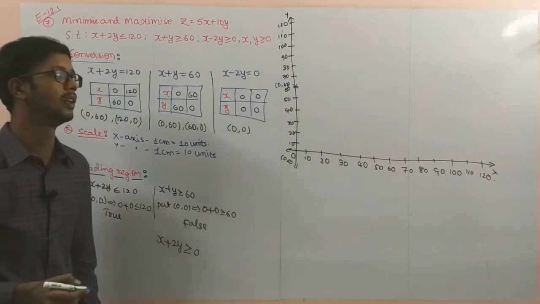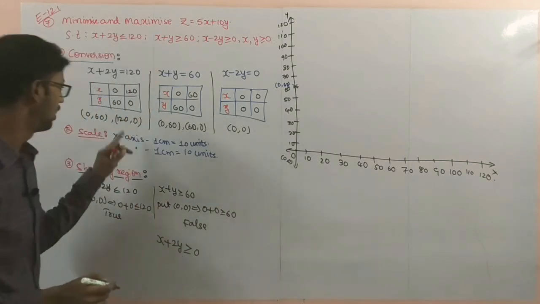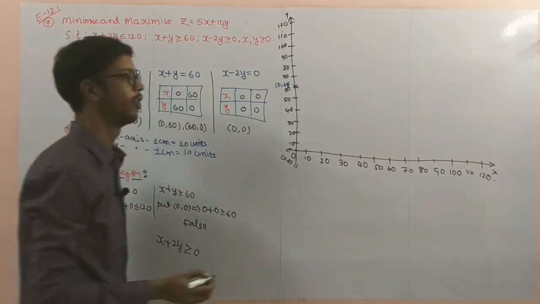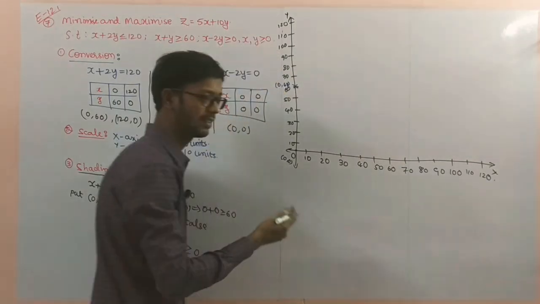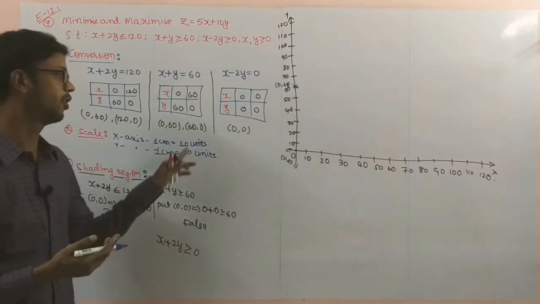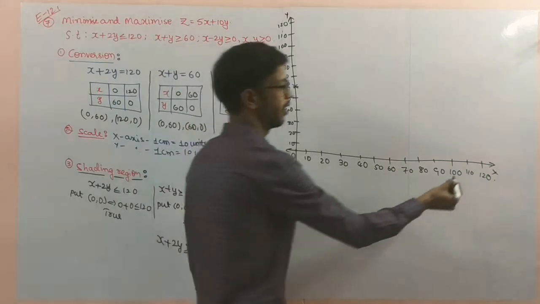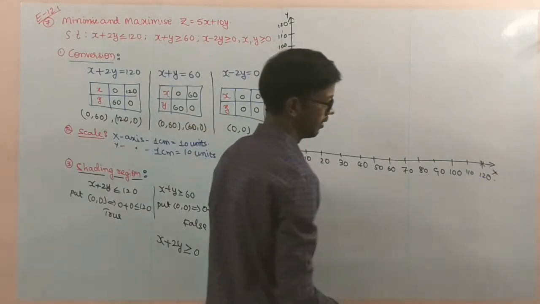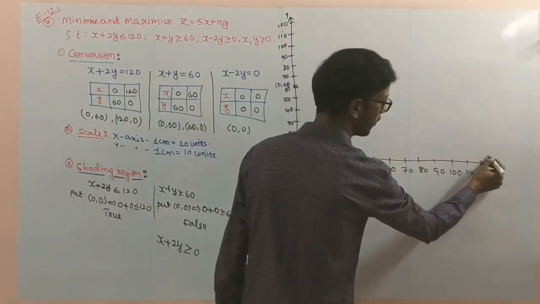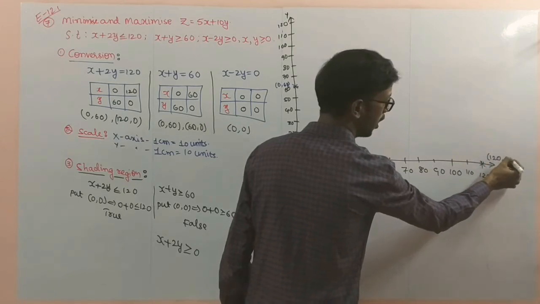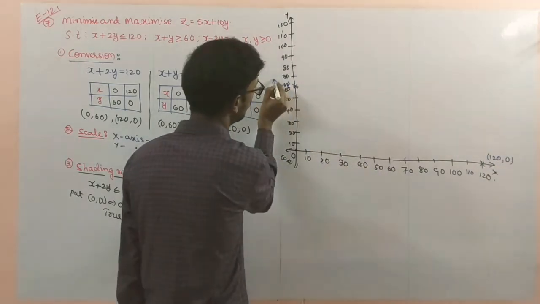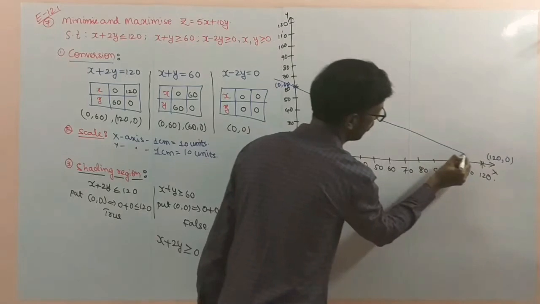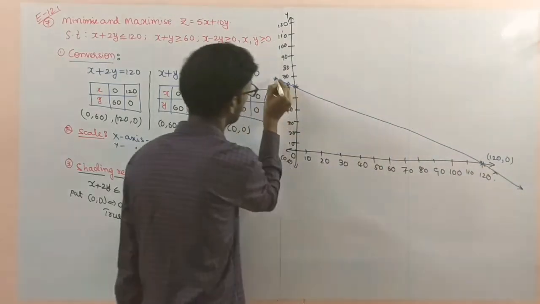And 120 comma 0 means x value is 120, y value is 0. That is on the x-axis. This point is 120 comma 0. Now join the two points by a line.